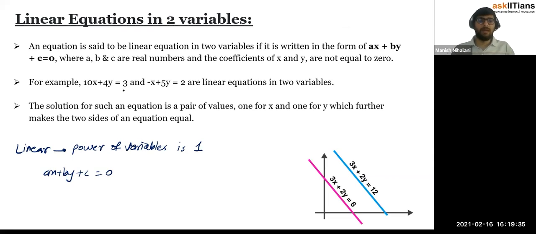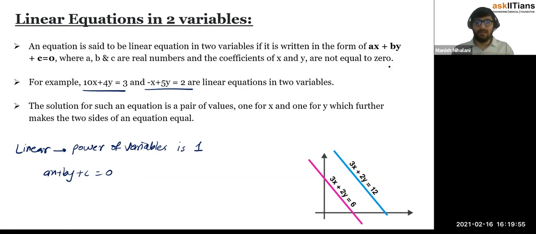For example, 10x plus 4y equal to 3 and minus x plus 5y equal to 2 are linear equations in two variables. The solution of such an equation is a pair of values, one for x and one for y, which makes the two sides of the equation equal.